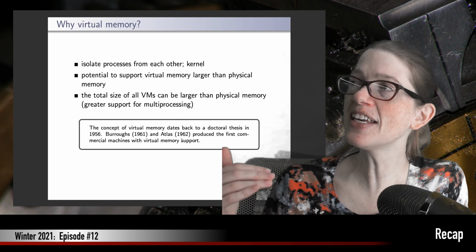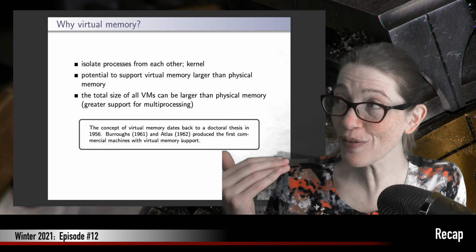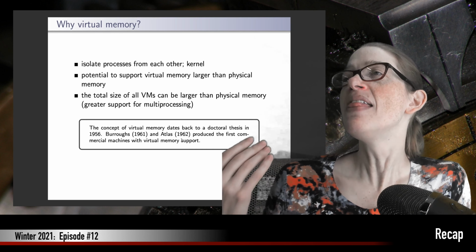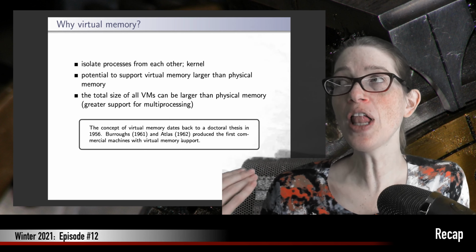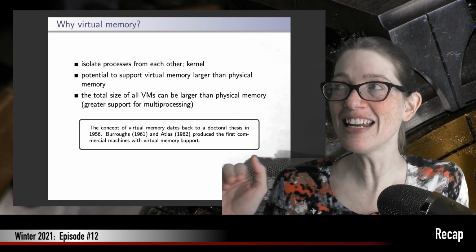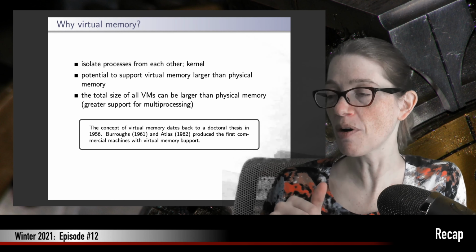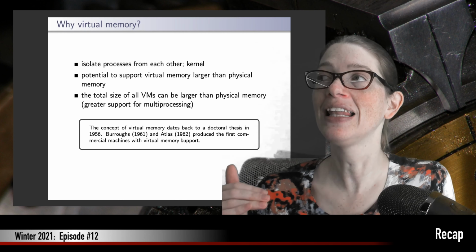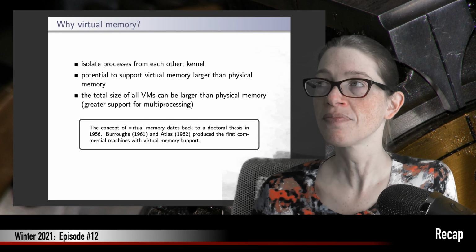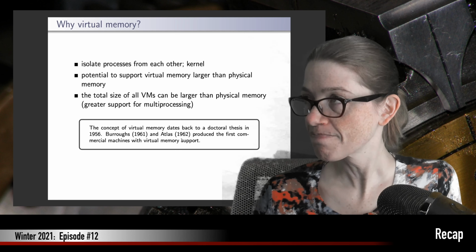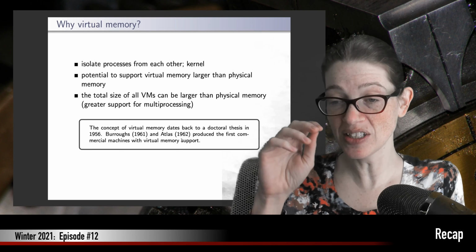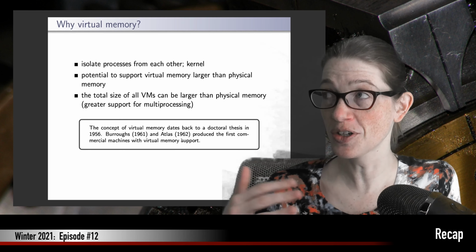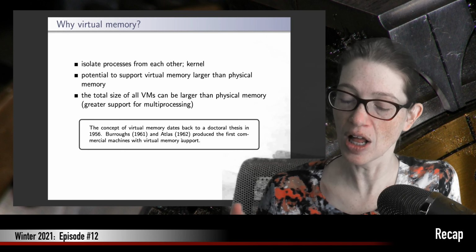If you're executing code in user privilege, and then all of a sudden you get a kernel address, which is going to be completely different from the virtual addresses used for user processes, then the hardware will know that you're trying to access memory you're not allowed to, and it can throw an exception and prevent you from doing that. So that's actually a pretty cool thing. The virtual memory is going to isolate processes from the kernel.